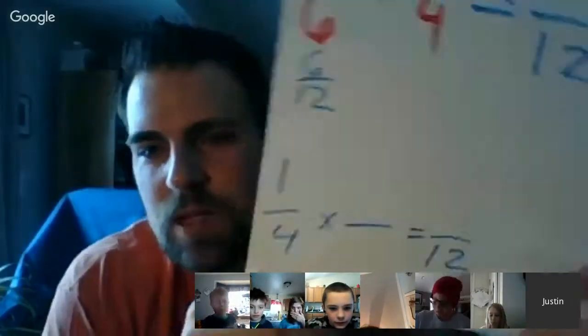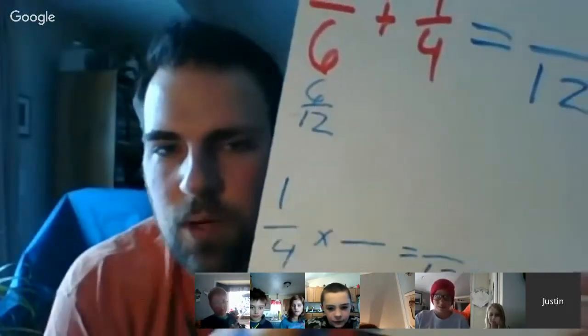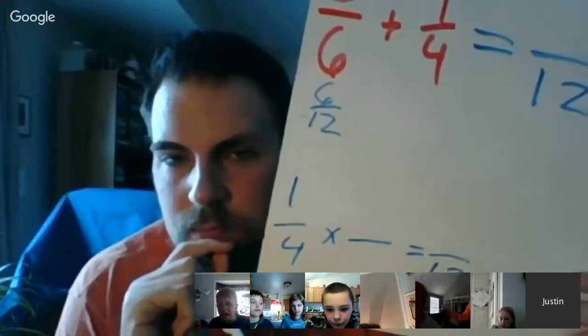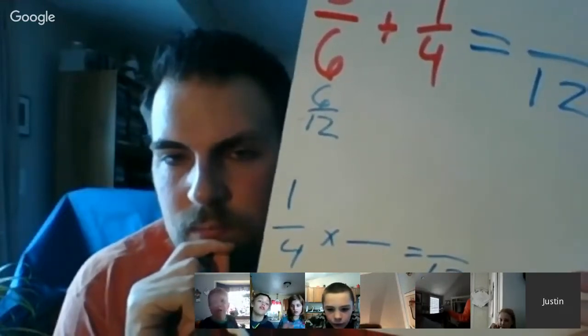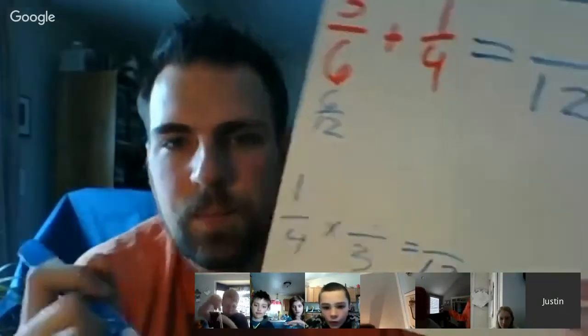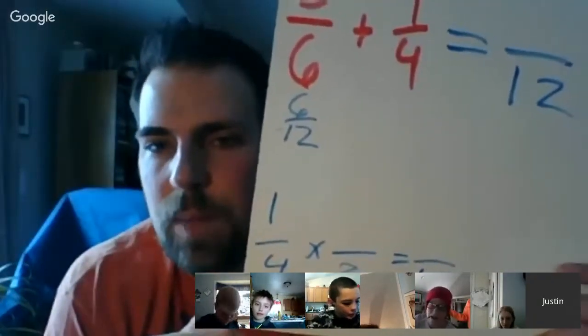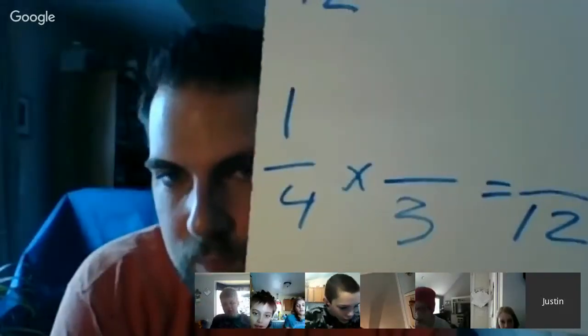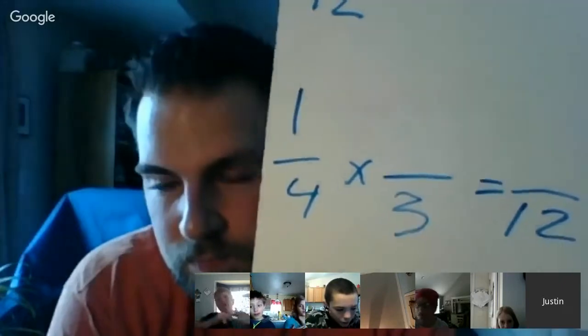Right, so Beth, what times 4 will give me 12? 3. And Dylan, whatever I do to the bottom, I have to do to the top. So what am I going to do with that 3? Put the 3 up there. Yep, on the numerator.